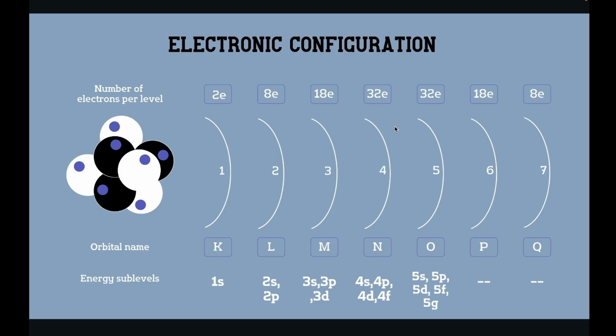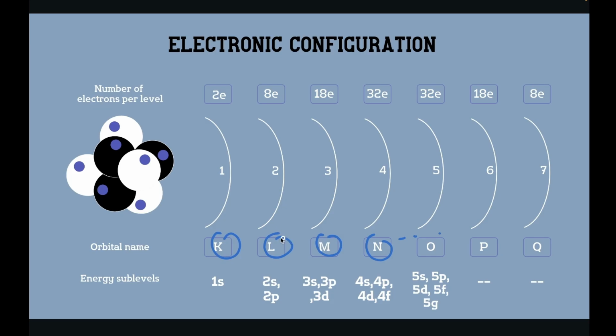Now, this is the diagram showing shells and subshells and maximum number of electrons in each shell. Let's now understand the structure of an atom by looking at how electrons are arranged in different shells and subshells. Atoms have different energy levels or shells named as K, L, M, and so on. Each shell is made up of subshells.